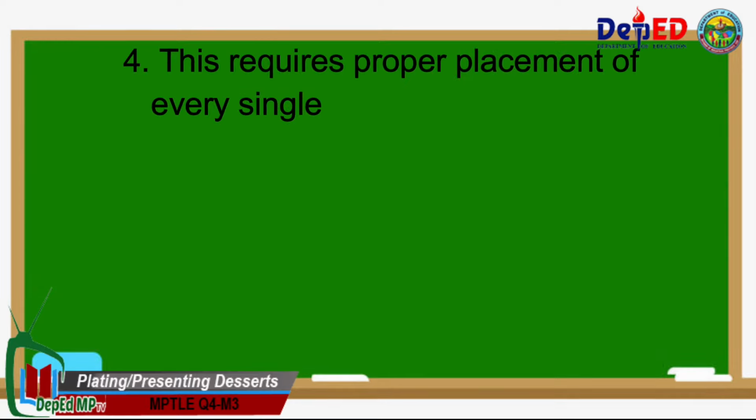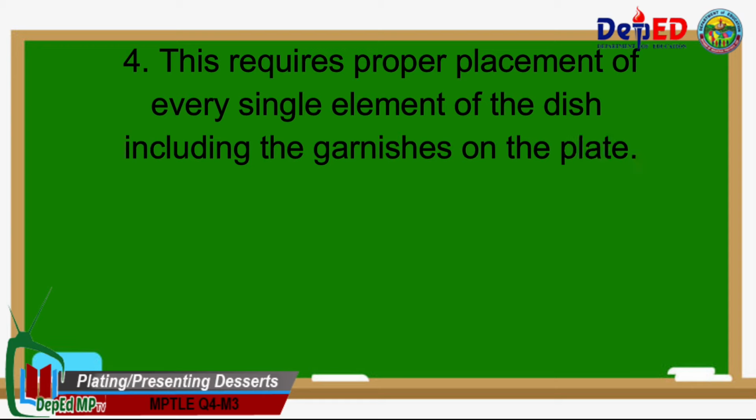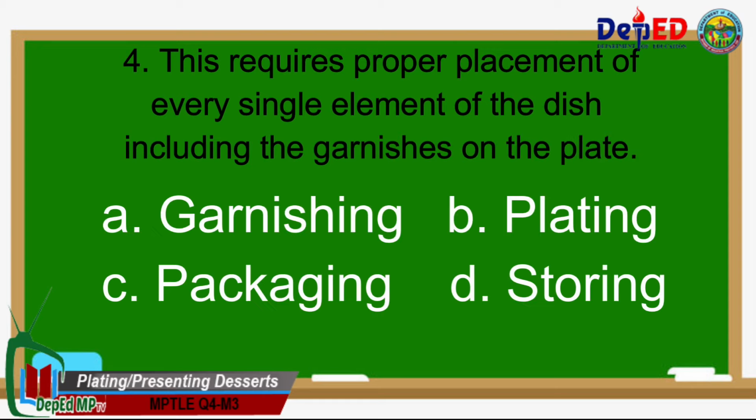Number 4. This requires proper placement of every single element of the dish, including garnishing on the plate. Letter A. Garnishing. Letter B. Plating. Letter C. Packaging. And letter D. Storing. The correct answer is letter B.